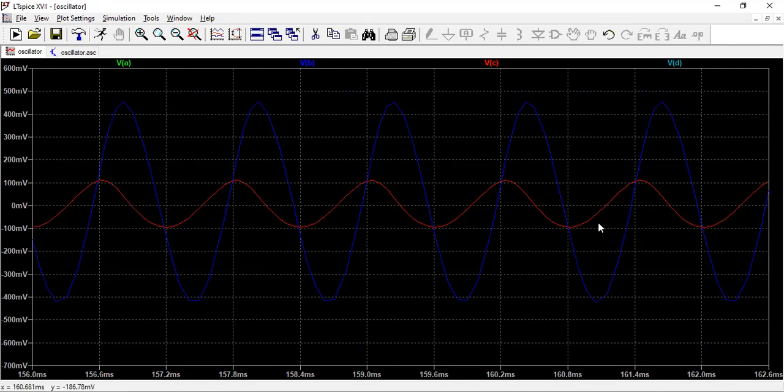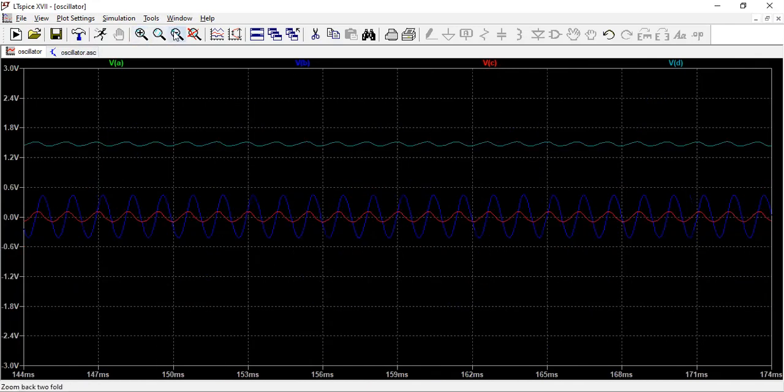At that particular node you can see it. Then zoom out.